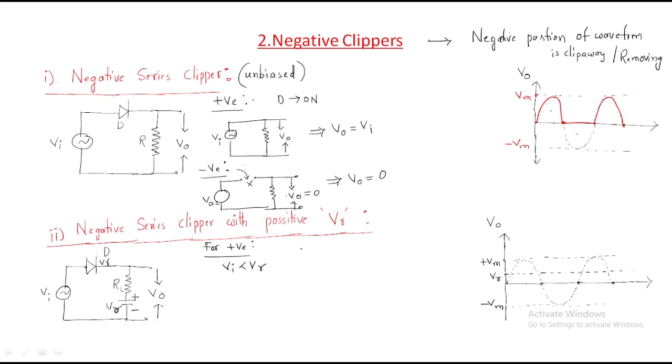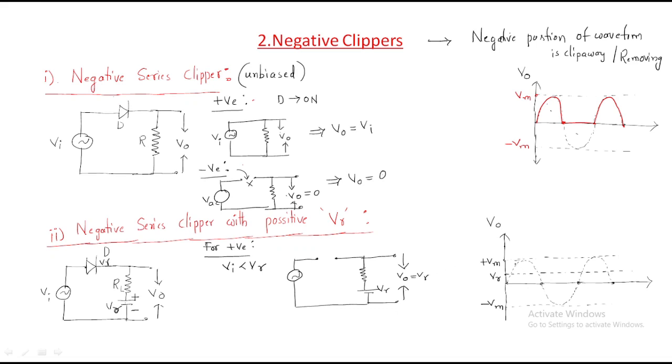Less than VR means it becomes an open circuit, so the circuit is like this. Then the output voltage V0 becomes VR.